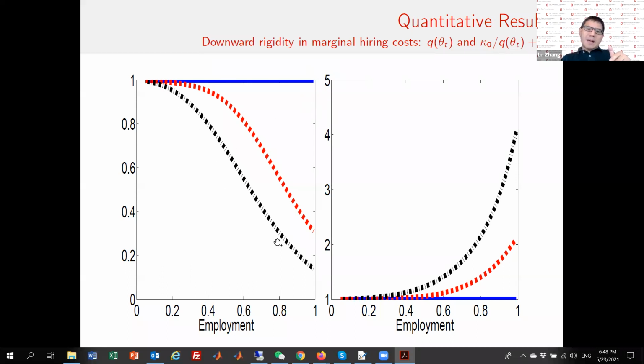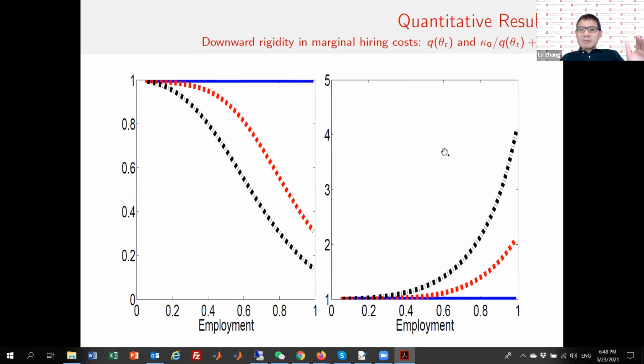The black broken dotted line is X15, a relatively high level of labor productivity, and that's basically an economic boom. Whereas the red broken line is the median economy, the 50th percentile.